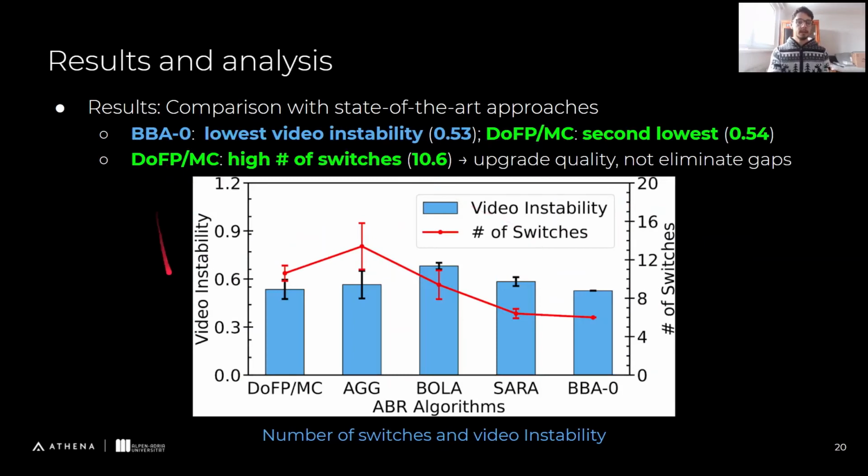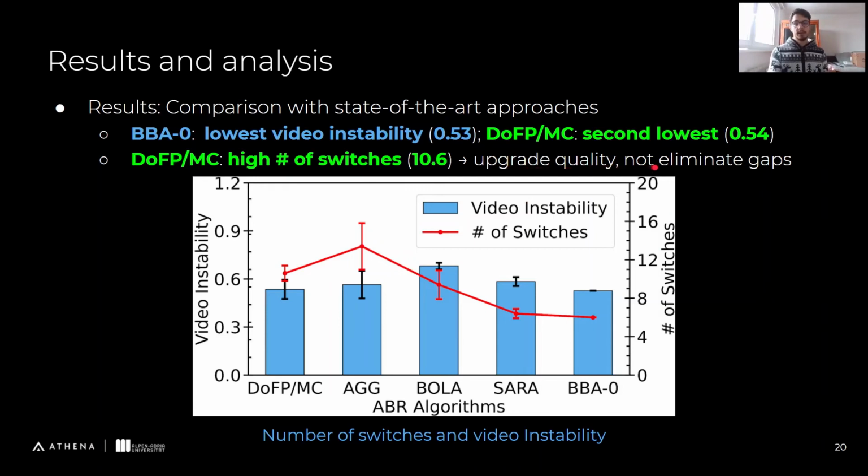The second metric, as I said, is the number of switches and video instability. BBA provides the lowest video instability with 0.53, whereas DFPMC provides the second lowest with 0.54. DFPMC also has not the highest, but a really high number of switches, 10.6, whereas the others do not have such a high number of switches.